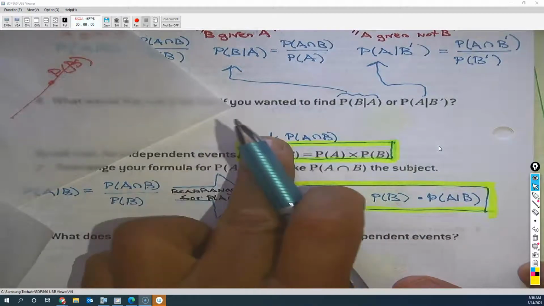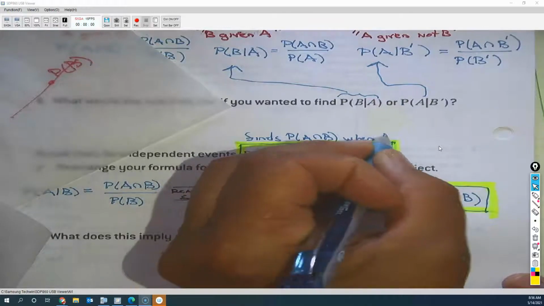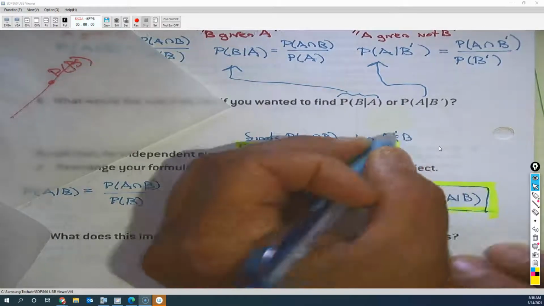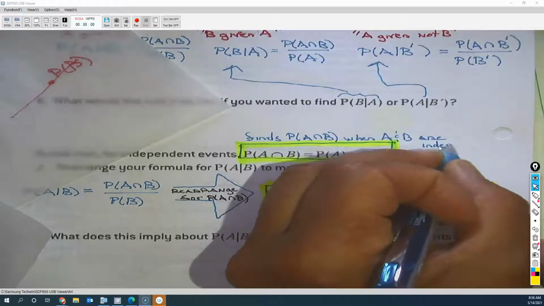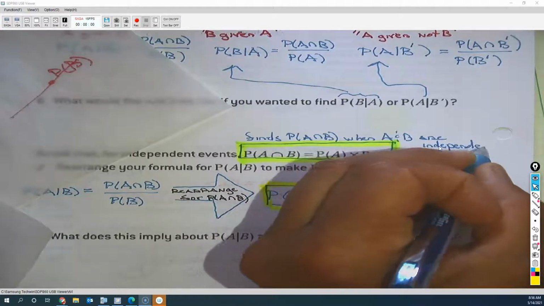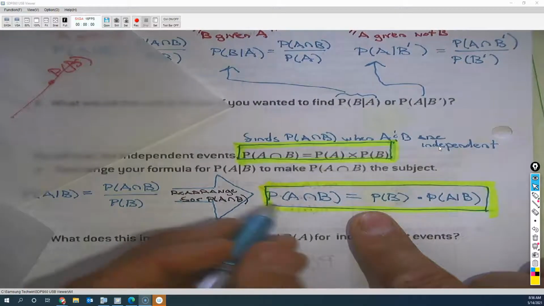So this one's going to find the intersection when A and B are independent of each other, like flipping a coin and rolling a die.